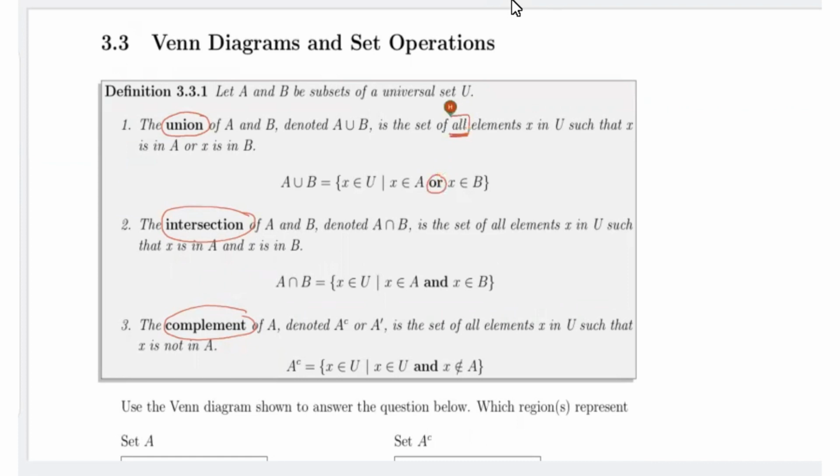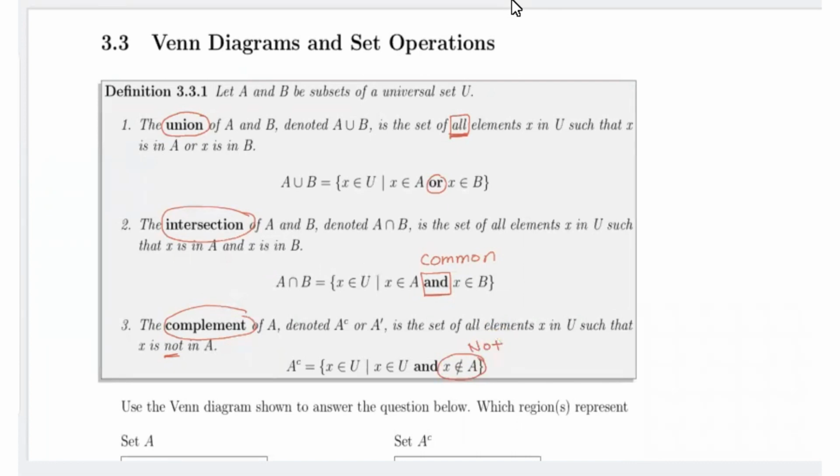A intersect B is the common elements. A complement means not in the elements. That's how we define it.